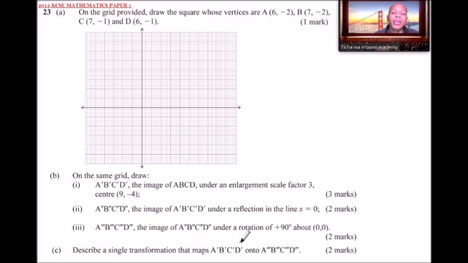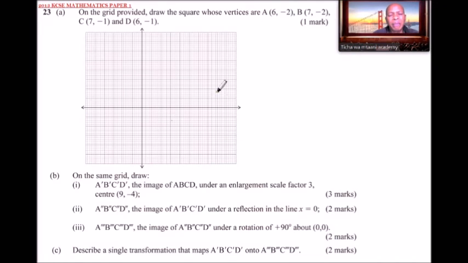Then C, you compare the two images, and see whether you can come up with a single transformation. Because of space, I'm going to use another board that is going to give us a bigger Cartesian plane to be able to do that.